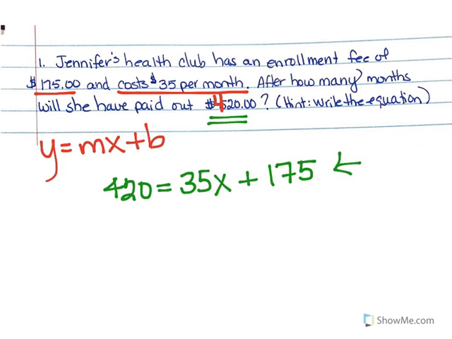Now, because we already know what the y is, we can go ahead and solve this. If we were to graph this, we would be able to see where the x lies by looking at the 420 point on the y-axis and then see what the equivalent x is.